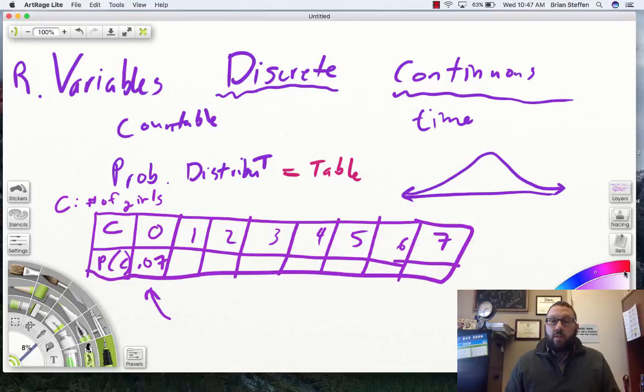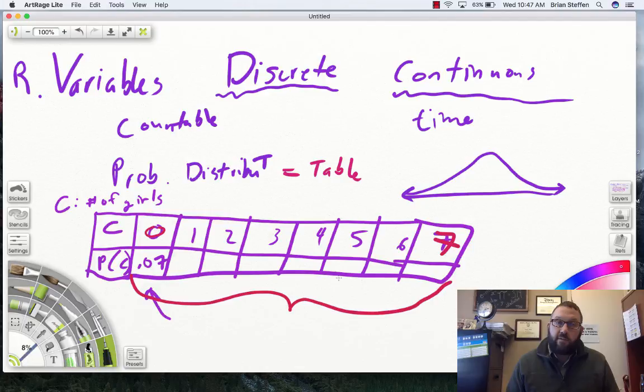When we look at this, if we then take a look at all possible outcomes, so this is a list of all possible outcomes. I have 0 all the way up to 7 possible outcomes. All right, the probabilities of each of those represent the probabilities of anything that could happen. You can't have fewer than 7 girls if you have 7 children. You cannot have more than 7 girls if you have 7 children.